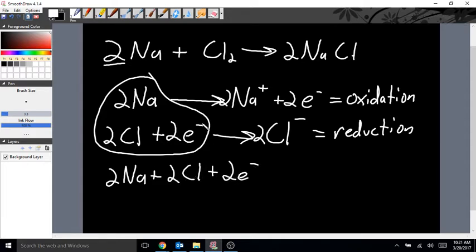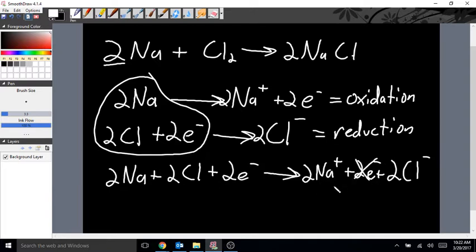Right? Because according to both of these reactions, these are our total reactants. And then I'm going to write all of our products together. 2Na plus, 2e negative, plus 2Cl negative. All right. Looking at this, anything that's the same on both sides we can get rid of. So these electrons here, we're going to cancel out.